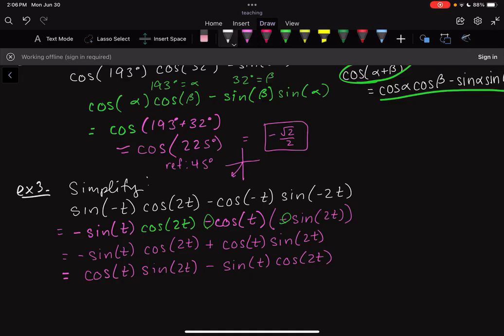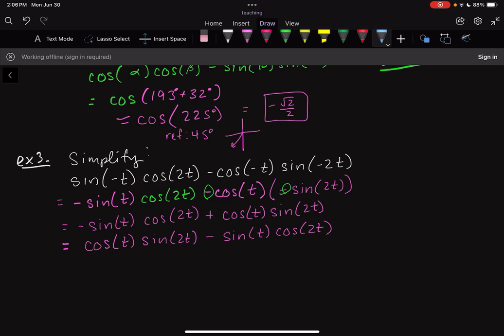I'd say this looks very similar to the sine identity that says sine alpha minus beta is equal to sine alpha cosine beta minus cosine alpha sine beta. It's looking like alpha is 2t and beta is just t.